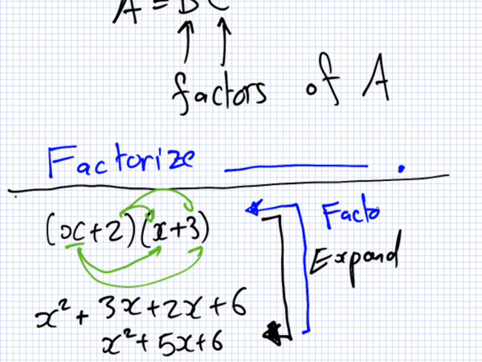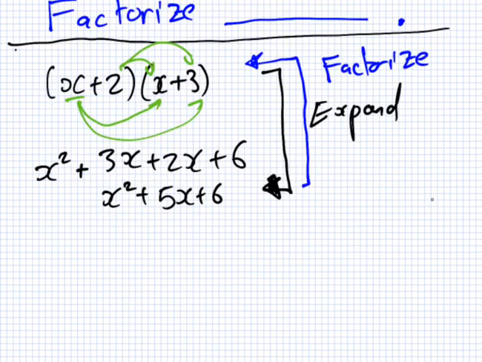We do first with first, first with second, second with first, second with second. So you do all the possibilities. You have x squared, what would be next? 3x, and then next? 2x and 6. So that would be x squared plus 5x plus 6.